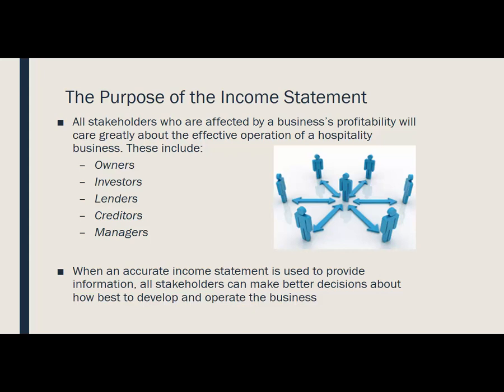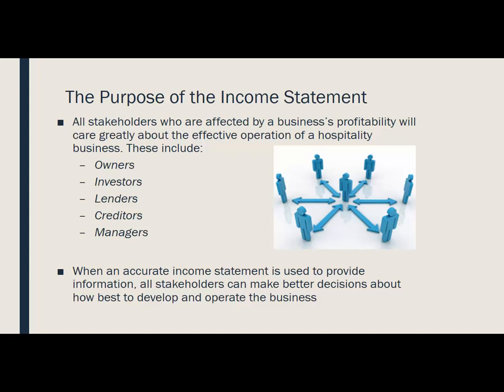Lenders want to make sure that there's enough cash flowing through, and they would like to compare potentially one accounting period to another. Same thing with the creditor. Will you have enough money to pay the lenders, so those that are lending you money, and creditors, so those are purveyors, people who are supplying you with food, suppliers, that you don't pay right away. You are on credit with them. They want to know that your business is healthy so that you can move forward.